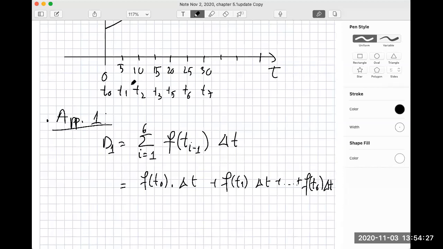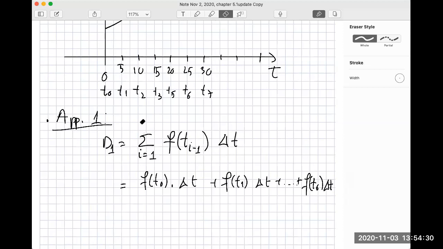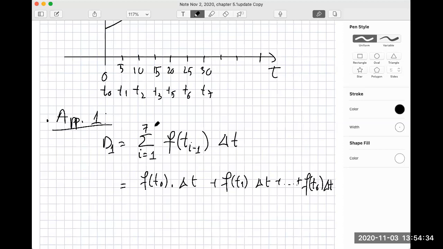Oh, to 7, I'm sorry. Right. And here, the function f is velocity.